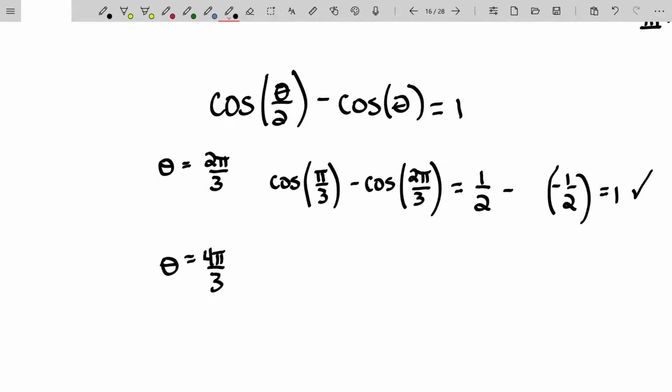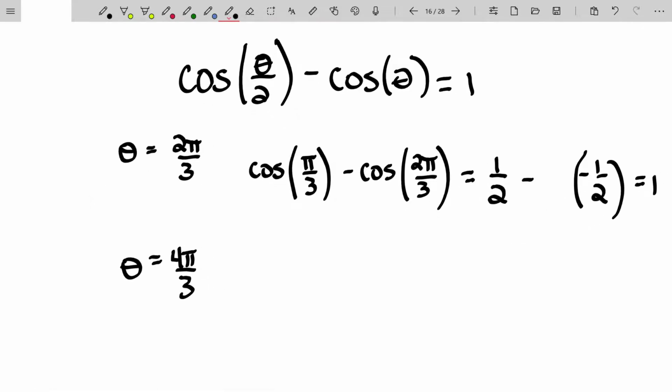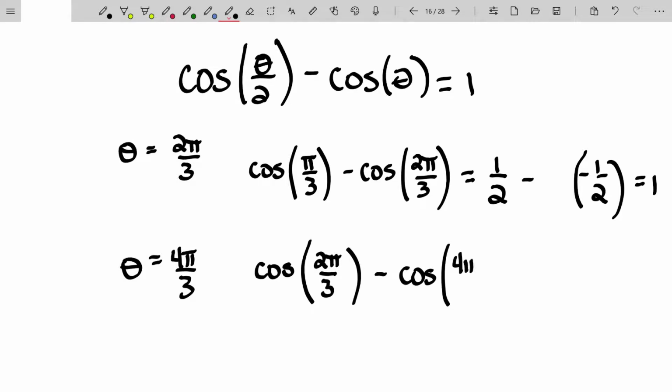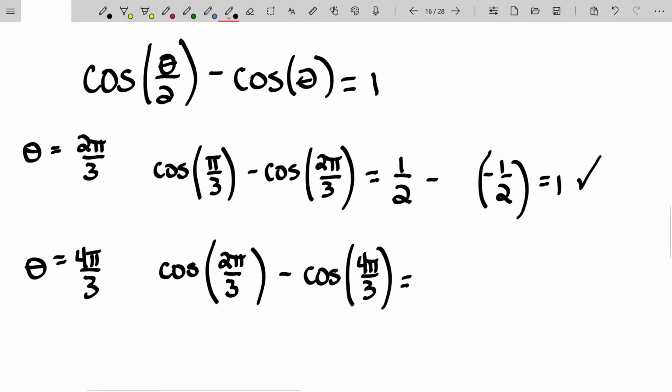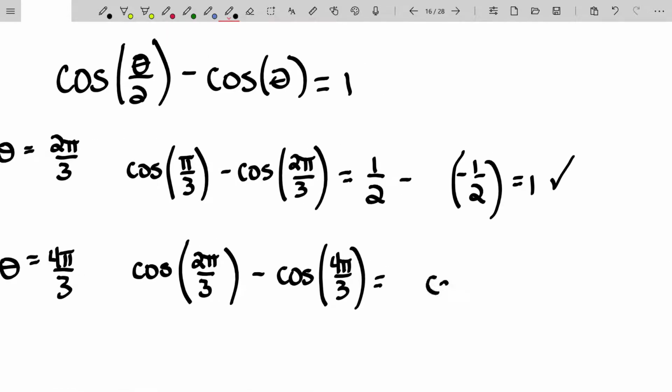All right. Checking for the cosine of 4 pi over 3. Cosine of 4 pi over 3 over 2 would be cosine of 2 pi over 3, minus cosine of 4 pi over 3. Let's trade them out for their reference angles. So cosine of 2 pi over 3, its reference angle is pi over 3.